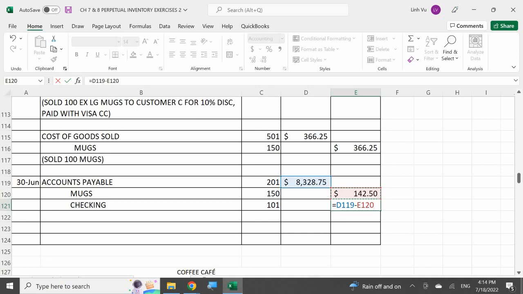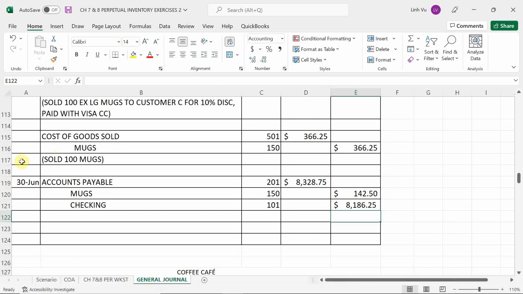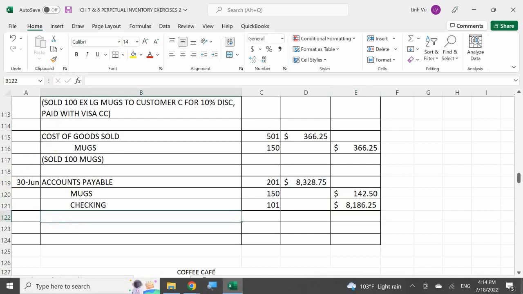I have 8,186.25. Okay, 8,186.25. Excellent. So I'm going to go ahead and make my note here. I made a payment to Cuppies Co. Right? Paid all 3 purchases.